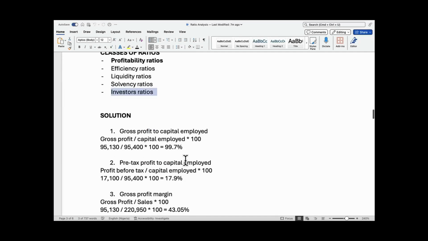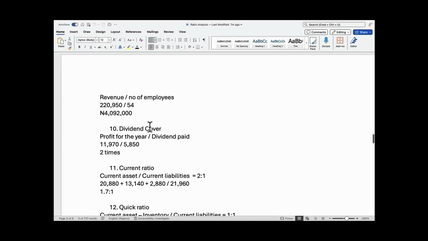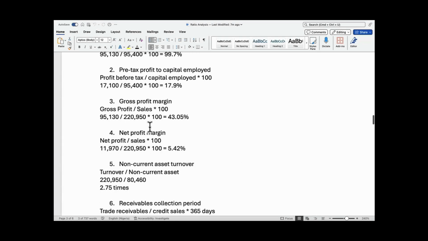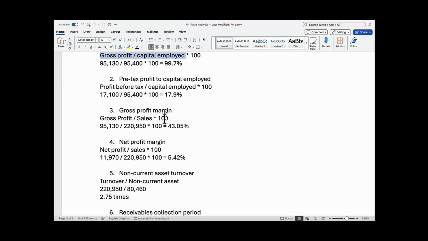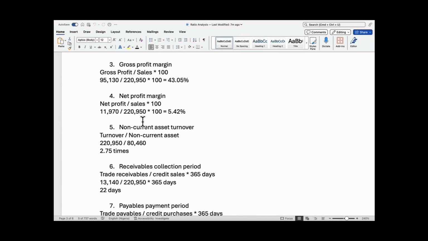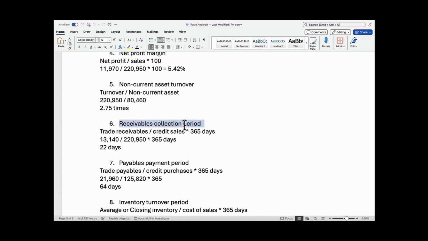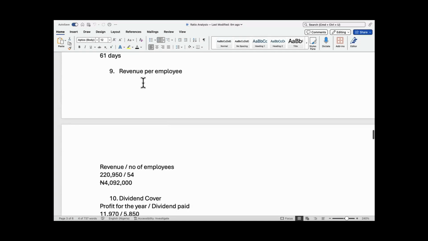So now, in that question, it asks us to compute 12 ratios, like I've mentioned, from gross profit to capital employed ratio, which is a profitability ratio, computed as gross profit over capital employed, to pre-tax profit to capital employed, to gross profit margin, to net profit margin, to non-current asset turnover, to receivables collection period, to payables payment period, to inventory turnover period, and also a logical ratio called revenue per employee, right?